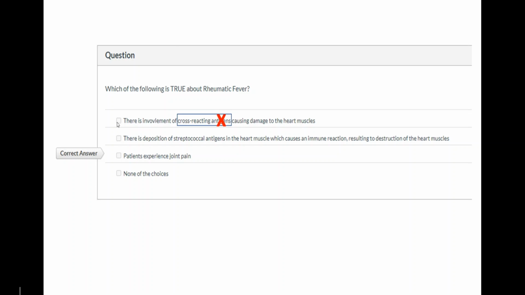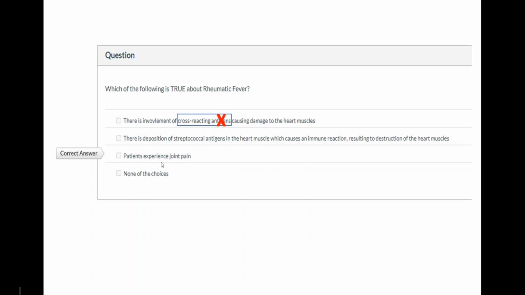There is deposition of streptococcal antigens in the heart muscles, which causes an immune reaction, resulting in destruction of the heart muscles. There is no deposition of the streptococcal antigens. Rather, there is deposition of streptococcal antibodies. So this is also not the correct answer.